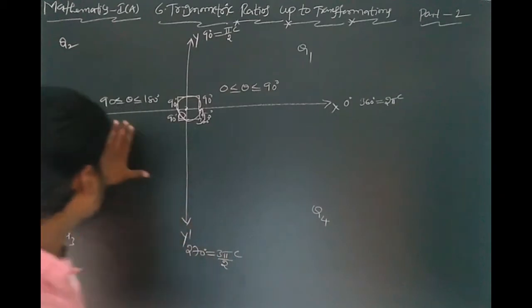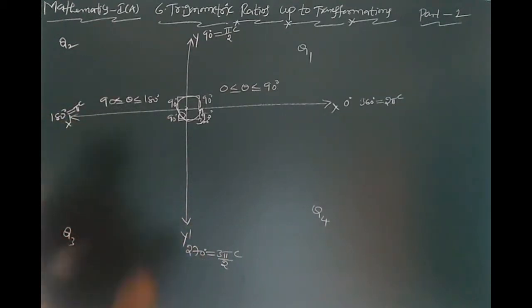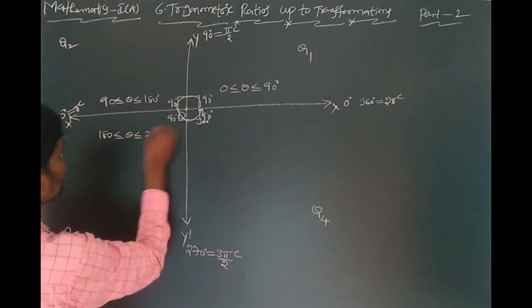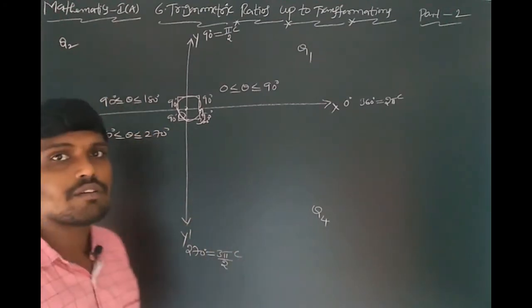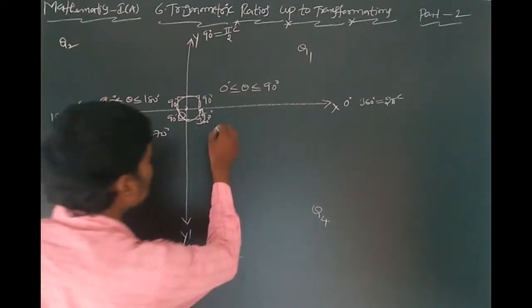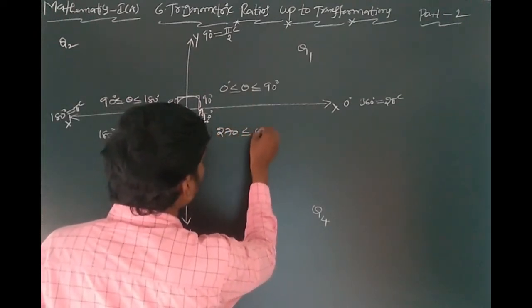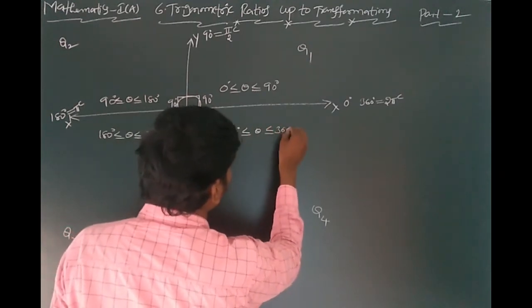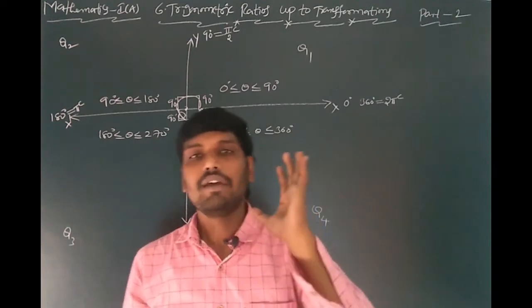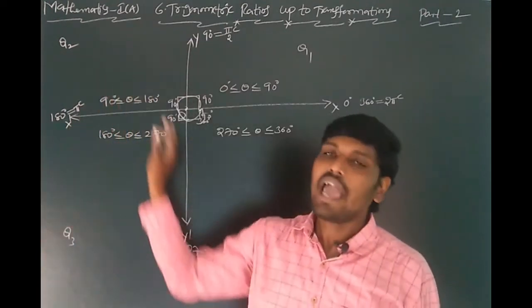In the third quadrant, the angle lies between 180 and 270 degrees. In the fourth quadrant, it lies between 270 and 360 degrees. These are very useful quadrant angles.